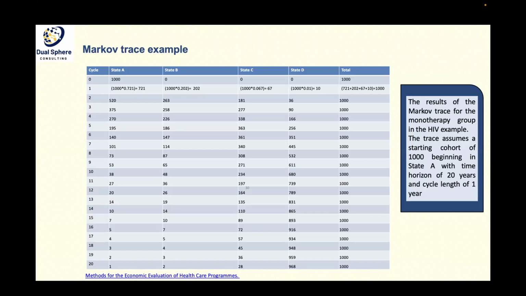Based on the transition probabilities you actually try to put in which patients move out of state A. We are assuming here that all the patients were in state A at the beginning of the model, and then they are moving to other states. After year one, you have different numbers of patients in different health states.